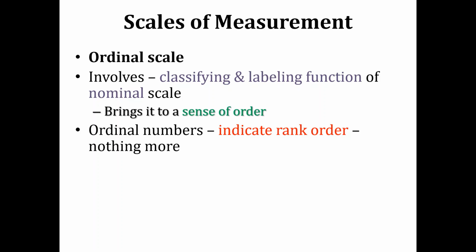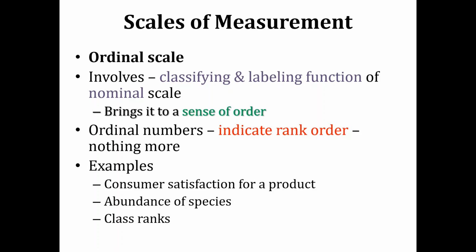So categories have to be classified in an order, and this order is important. Numbers are going to give us a sense of order and nothing more. Again, these numbers don't have a statistical or numerical significance. They only show the relative ranks of different classes or categories.